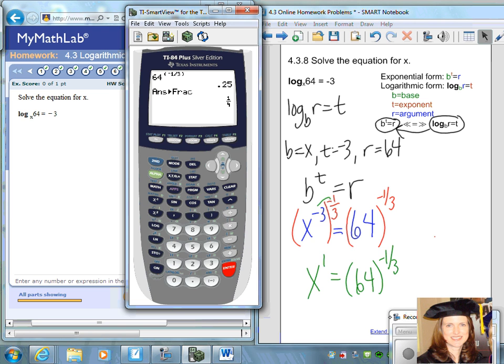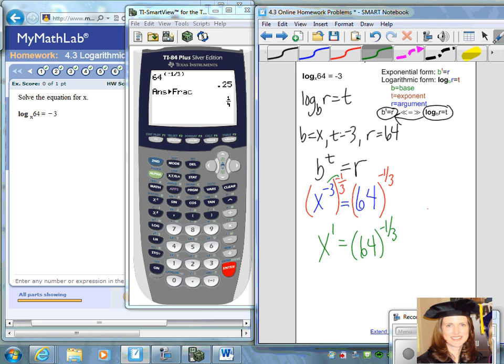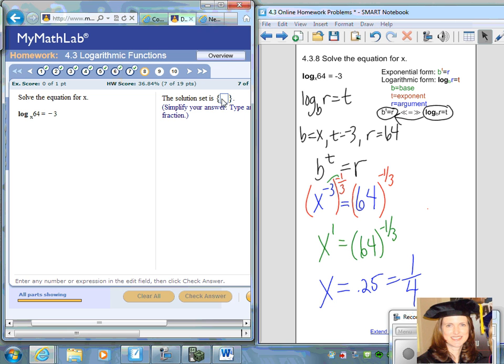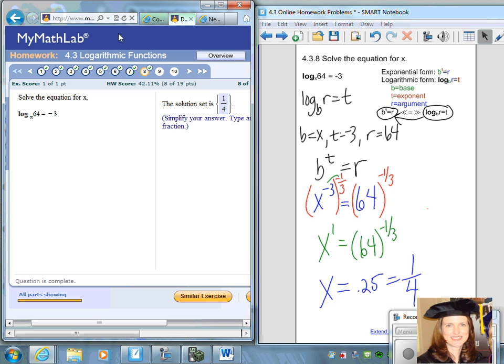So the solution to this equation is solving for x. X equals 0.25, or as a fraction, we can write it as 1 over 4. Let's check the answer. Excellent. And move on to question number 9.